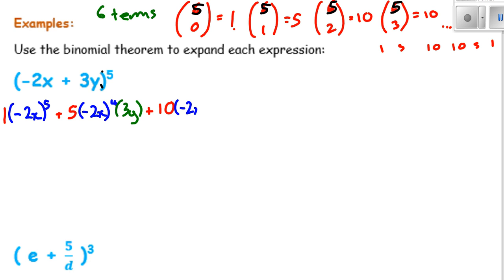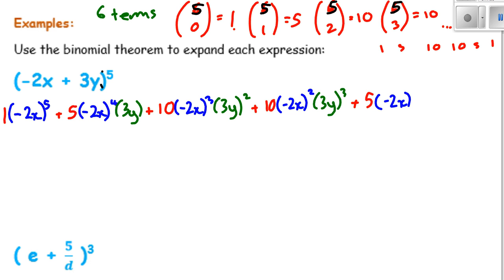Just have to go really carefully. So the brackets are mega important.